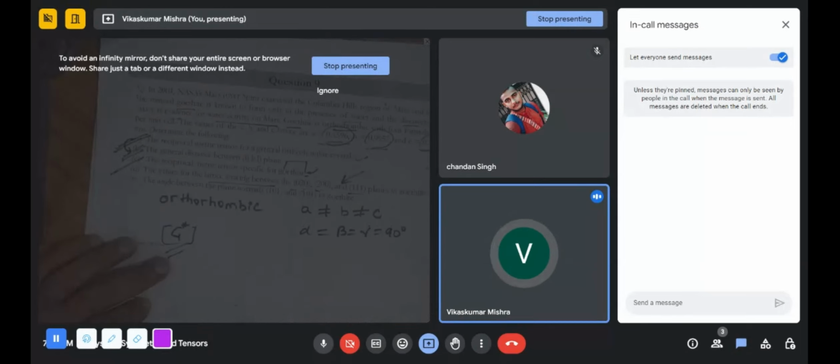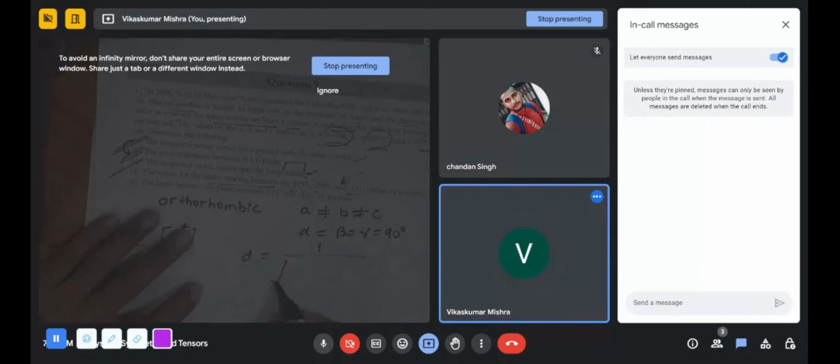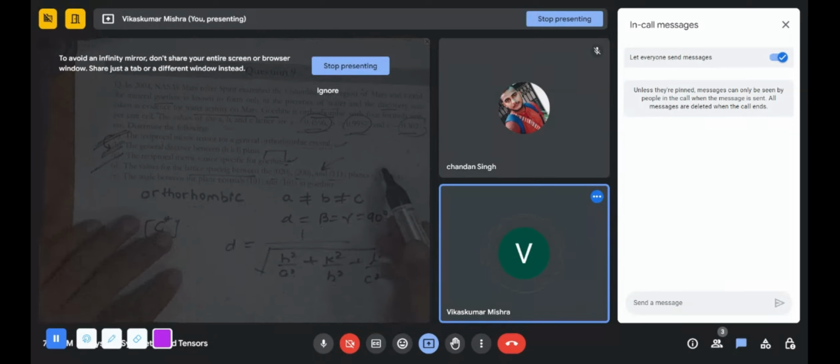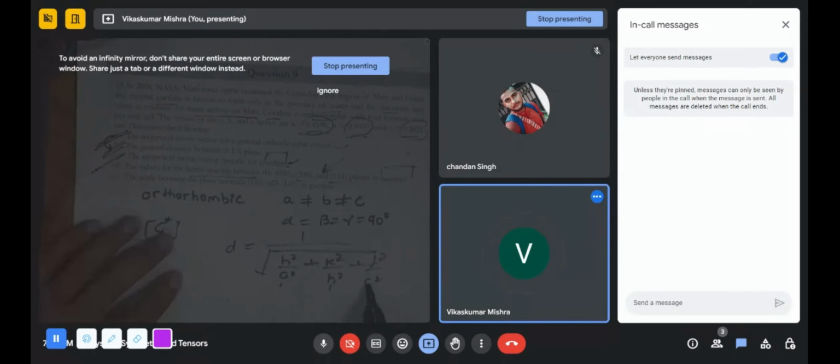We found for the general case that it will be 1 divided by root over h square over a square plus k square over b square plus l square over c square. They are also specifying that this is for Goethite. So we know the a, b, c values and the HKL values. We need to find the d spacing, the lattice spacing between them.